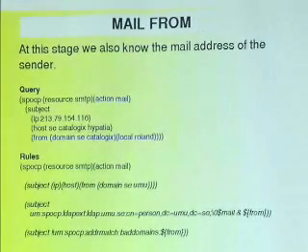The next stage, then, you know the mail address of the sender. And of course, you can combine the information you have about the host who is trying to send you the email and the information about the sender. So in this case, the query would again be the resource SMTP, and the action in this case, mail. And then the subject is a combination of the IP number of the host and who the mail is from.